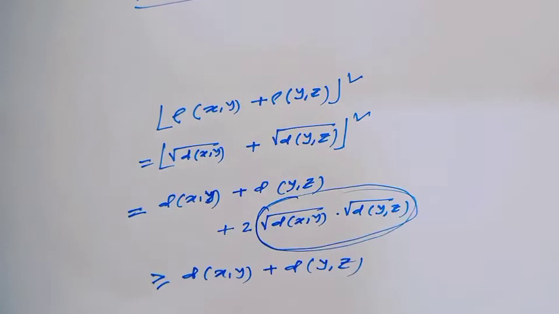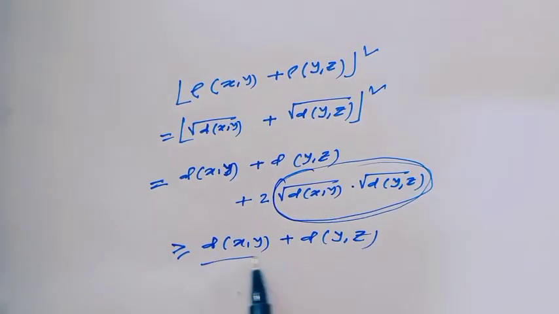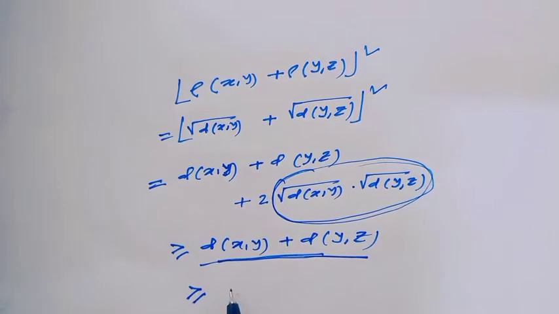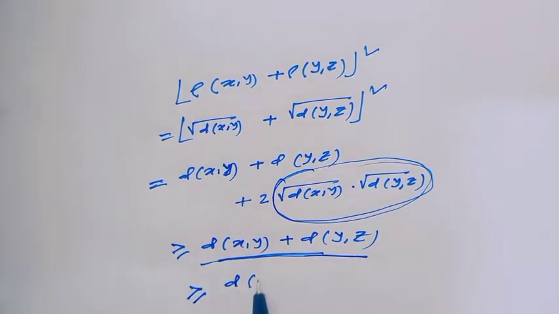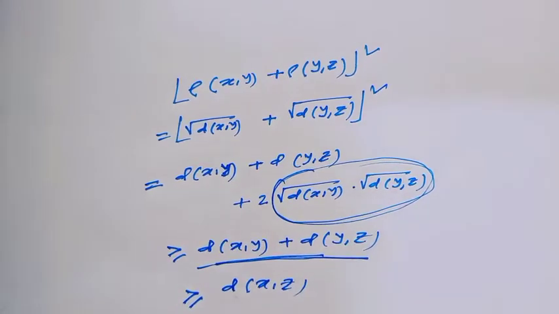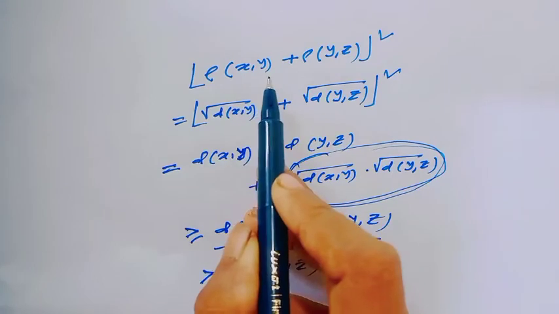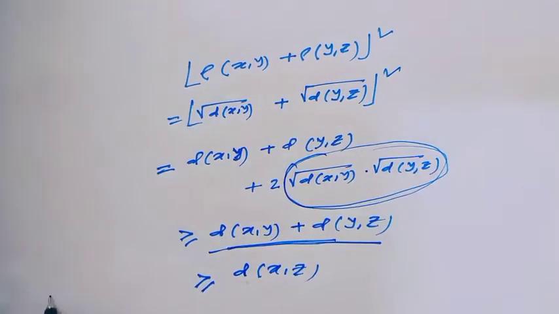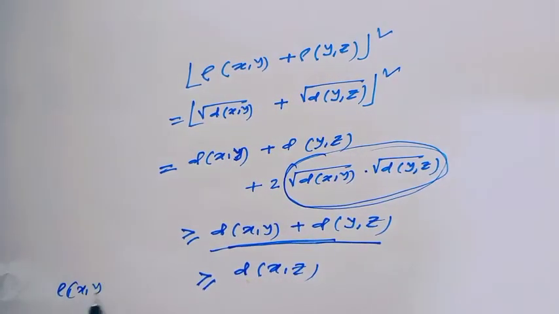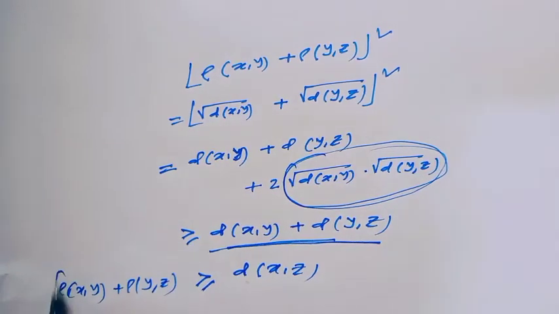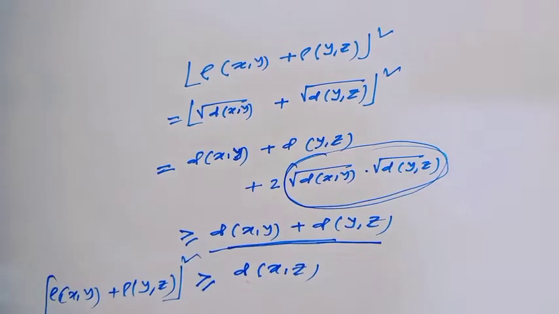Okay, and since d is a metric space, by the triangle inequality this is greater than or equal to d of xz. That means (rho of xy plus rho of yz) whole squared is greater than or equal to d of xz.